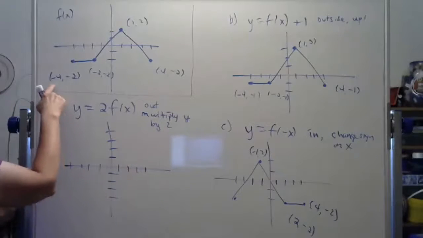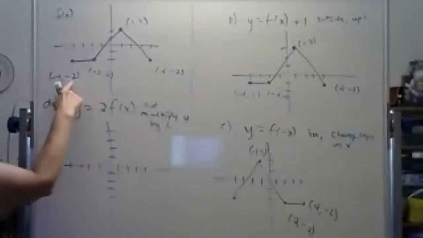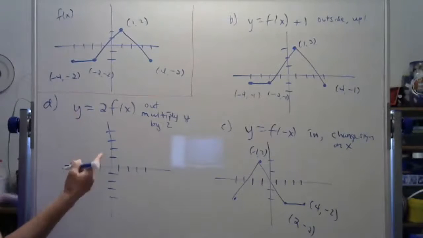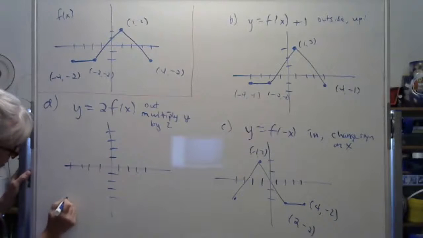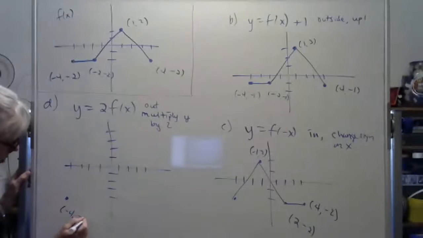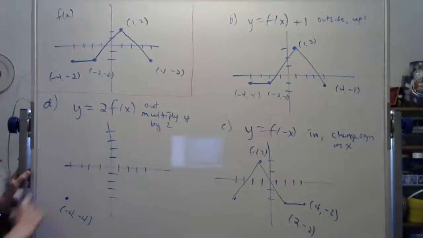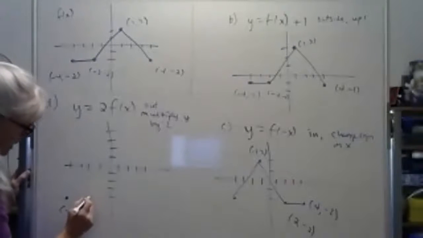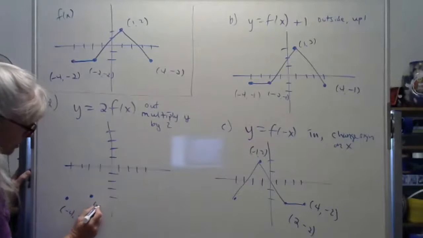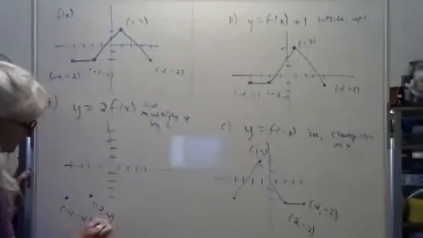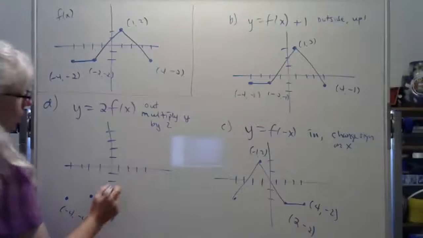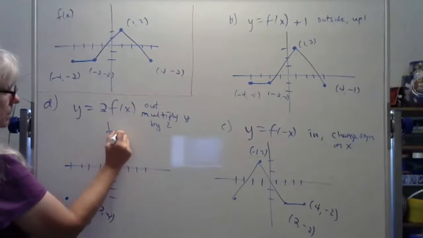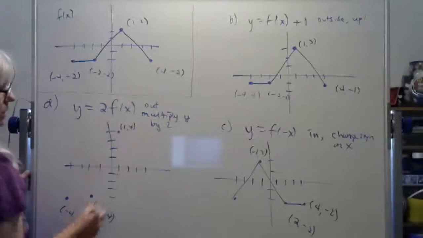So the point that's at -4, -2, all I'm doing is taking the y value and doubling it. So -2 doubled is a -4. So my first point is going to be down here at -4, -4. Our second point is still going to be at -2, but doubled in terms of y, so it's at -2, -4. The point that was at 1, 2 is going to go up to 1, 4 because you're doubling the y.